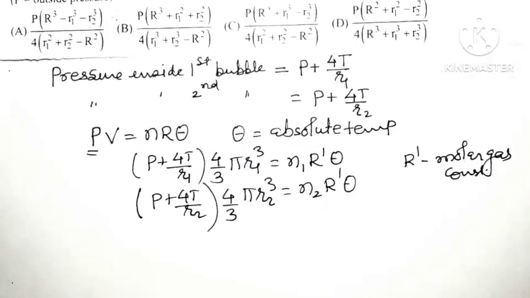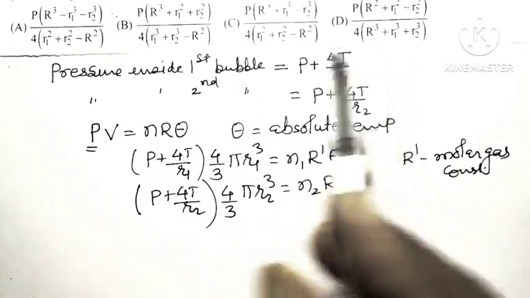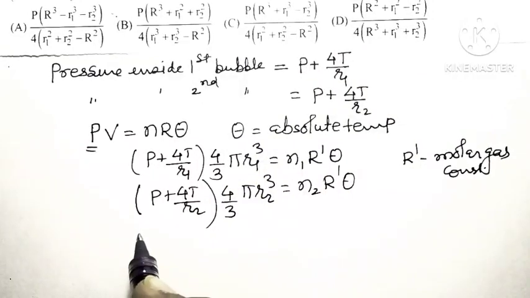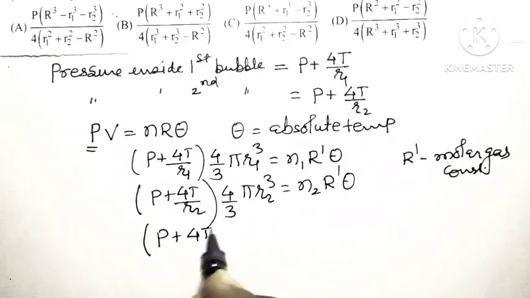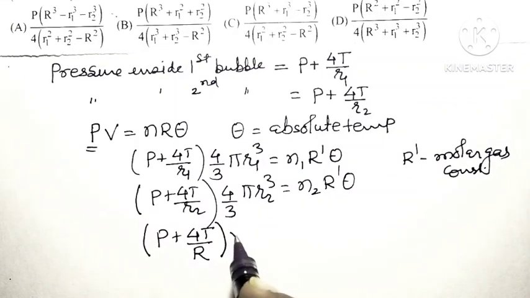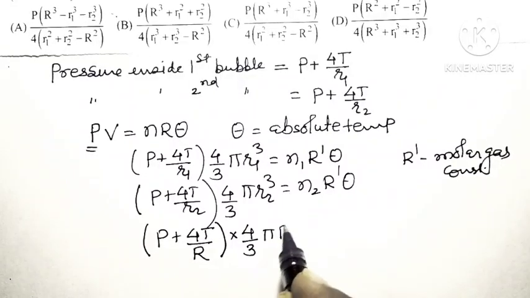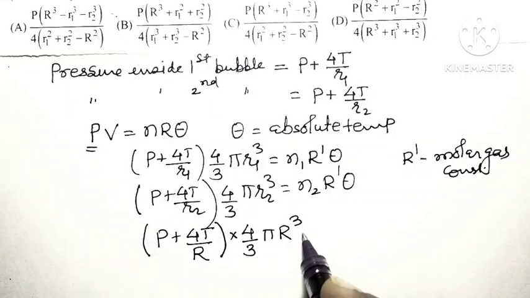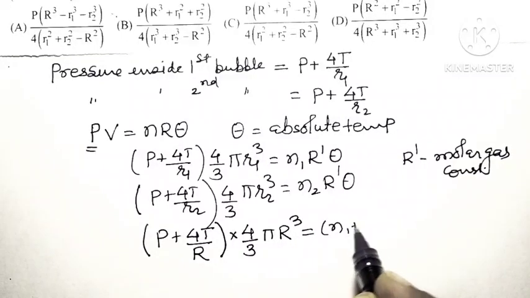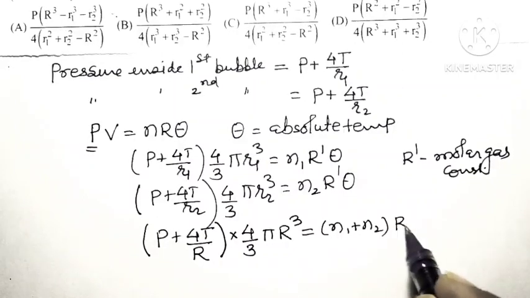Now when these two drops collide and form a single drop, the excess pressure in the single drop is given by P plus 4T divided by R, if capital R is the radius of that single bigger drop, multiplied by the volume of that bigger drop, 4 by 3 pi R cube, and that must be equal to N1 plus N2 into R dash into theta.